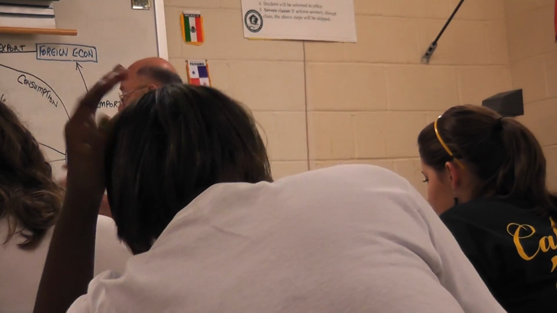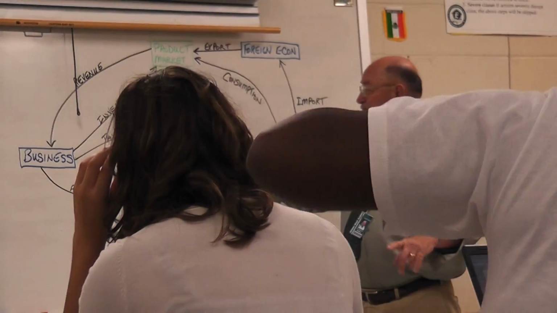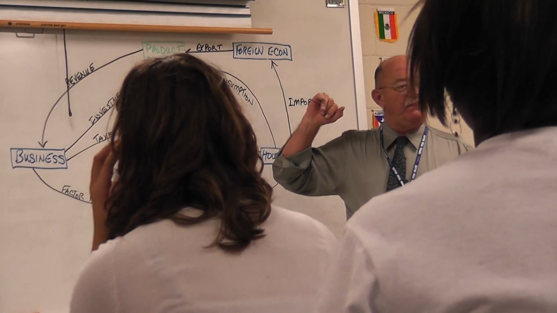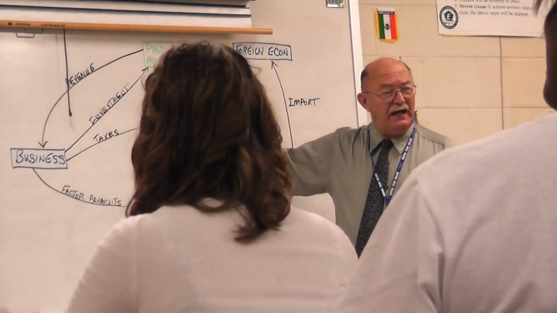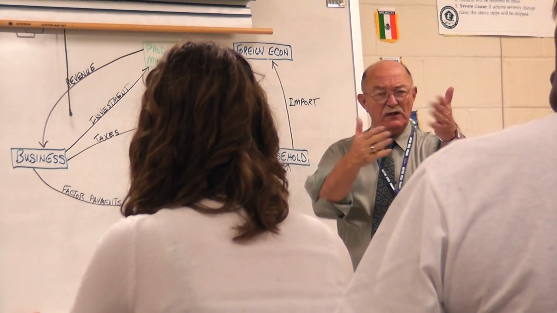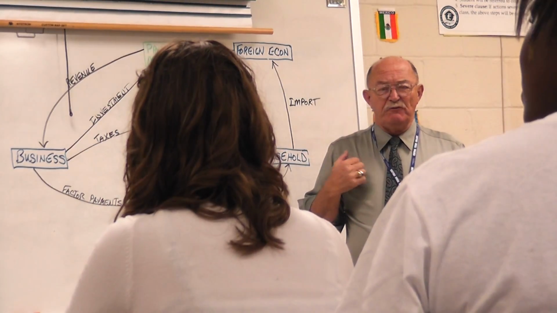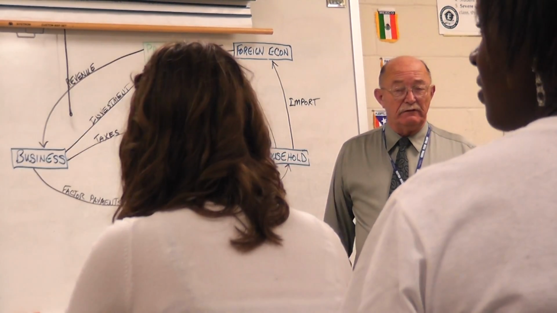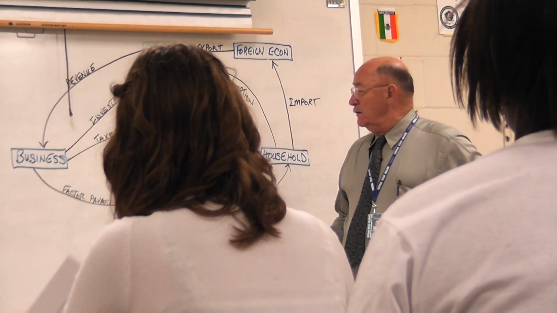Okay. Now, like I said, if taxes don't equal spending, then the government has to borrow money, just like you and I. If we don't have enough, we have to borrow it to make up the difference, or don't spend as much.